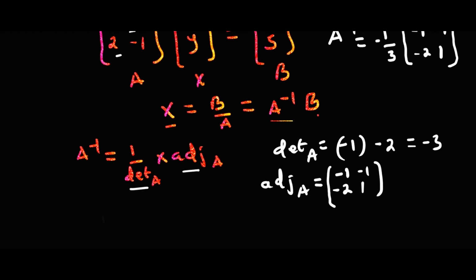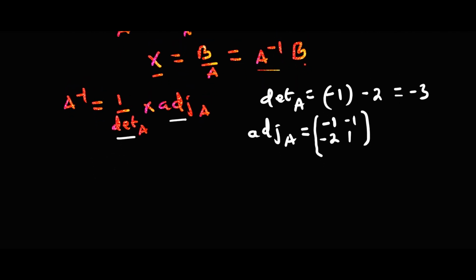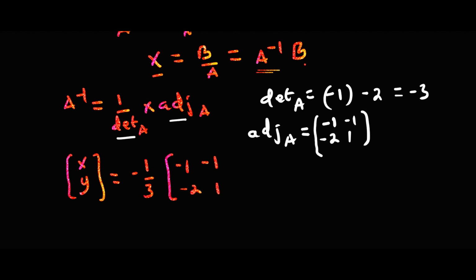So let us go ahead and rewrite the equation that we now want to solve. What we have now is X, and remember X was representing the matrix x, y, and then we're taking the inverse of A, which we have obtained to be negative a third into negative 1, negative 1, negative 2, 1, and then we are multiplying it by B. And what was B?